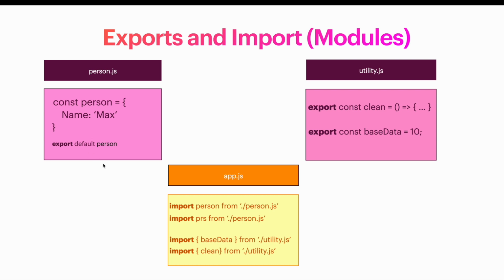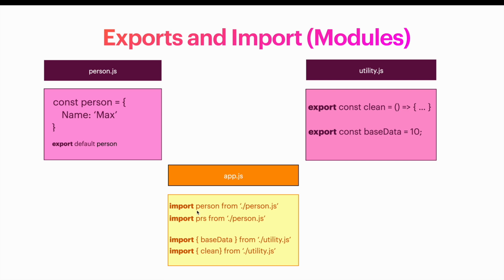person.js file. Here you can see after the export keyword, we have set the person object as a default export. A default export is nothing but we can import that object or function by giving any name to that object where we are importing it.